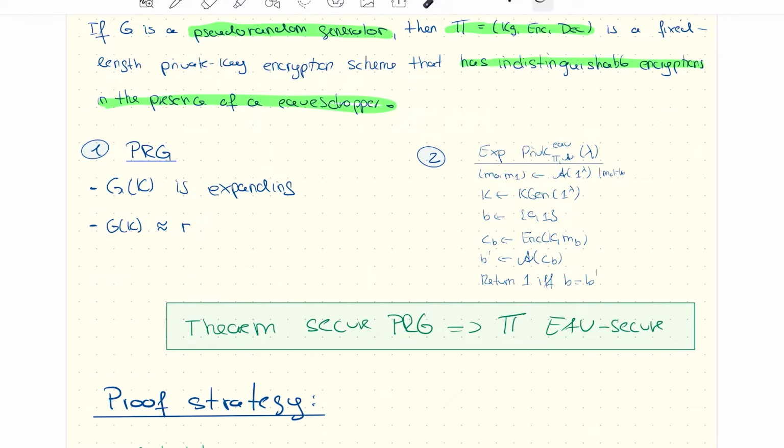This is the first property from which we are starting. This is our underlying assumption. The second property, what we claim, is that based on this we get an encryption scheme that is secure in the presence of an eavesdropper.